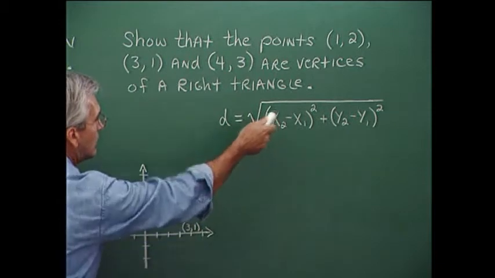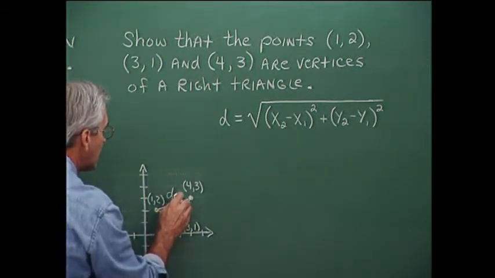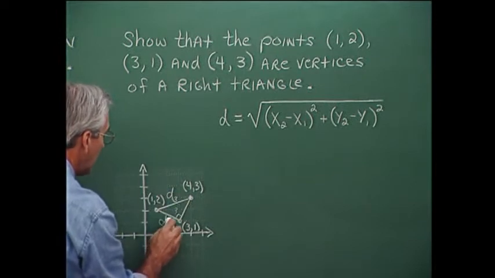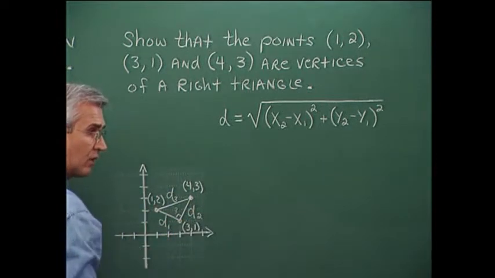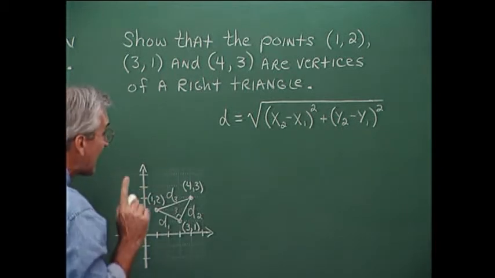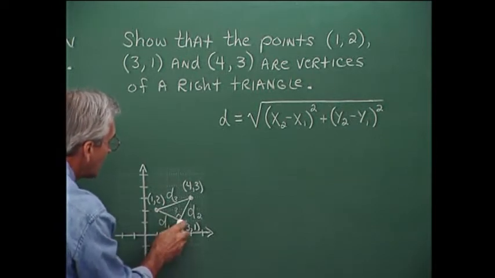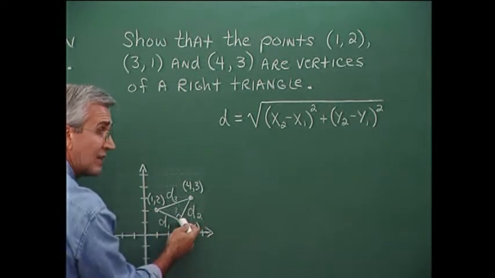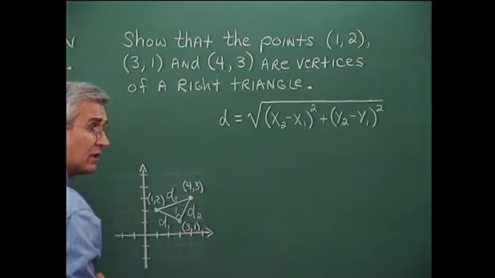Now we know, here's our distance formula. If we call this D3, and call this D1 and D2. You see, here's what we're trying to show. Given a triangle, if it is true that the square of this distance plus the square of that distance is equal to the square of this distance, then we do have a right triangle.